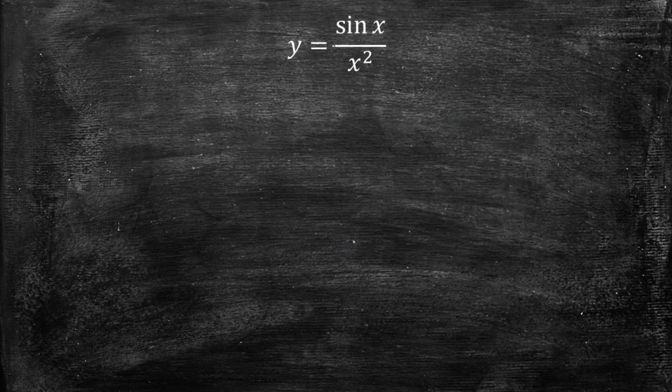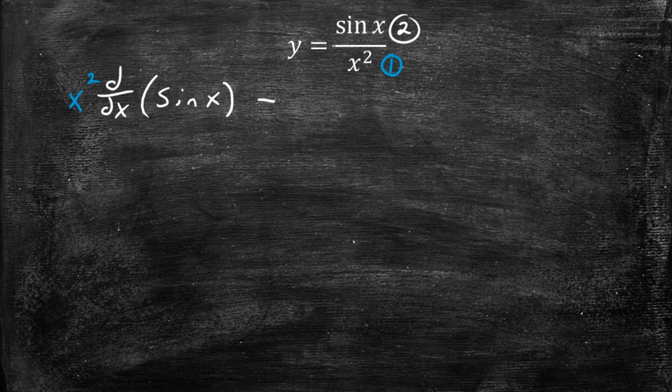Example number 3. So let's go ahead and label our equation. The bottom one, I'm going to call that equation number 1, and the top, I'm going to call equation number 2. So to do the quotient rule, what we do is we keep equation number 1, x squared, and that's going to be multiplied by the derivative of equation number 2, which is sine of x.